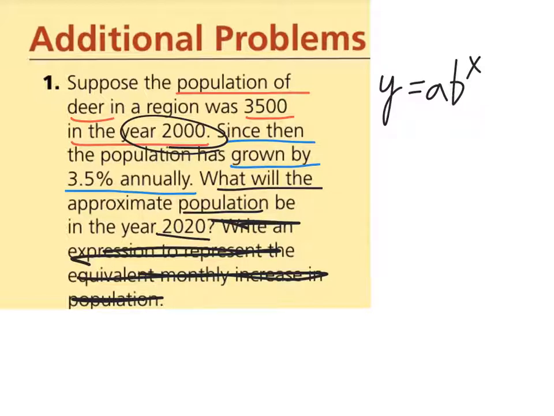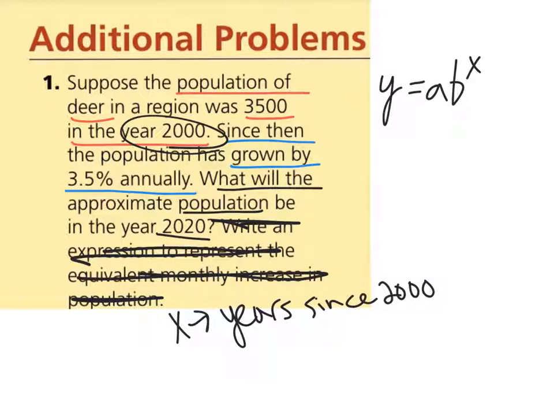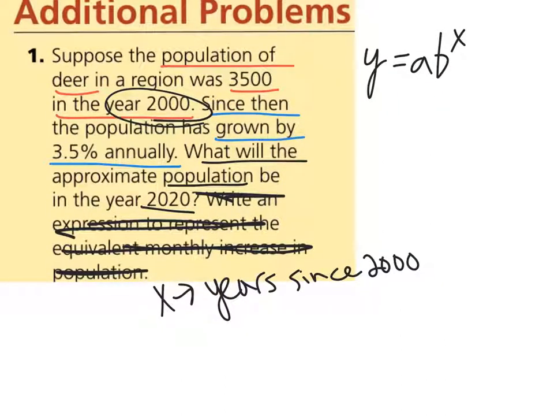So in this case, the year 2000, that's our starting point. X is going to be the years since 2000. I'm not writing out let X represent the number of years since 2000, but you get the idea.